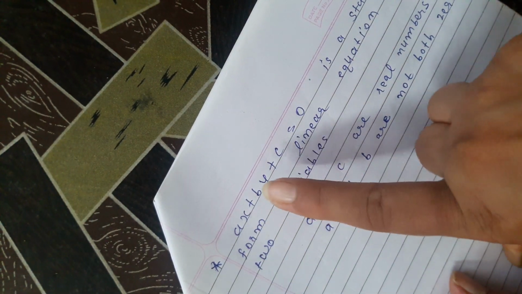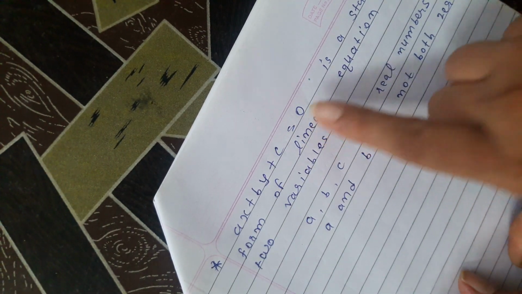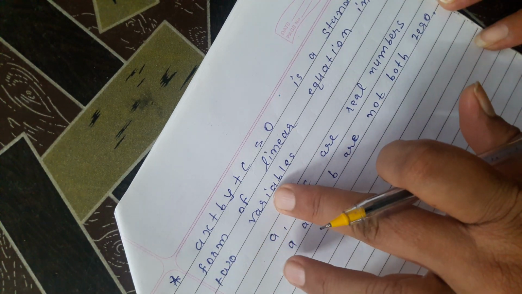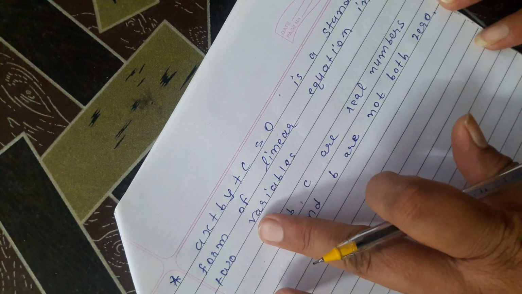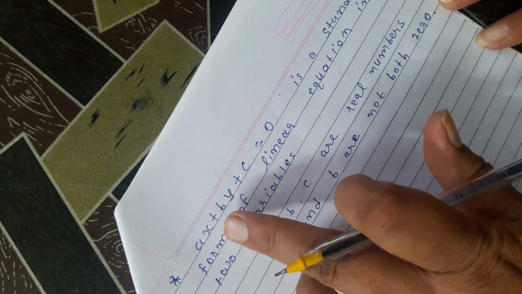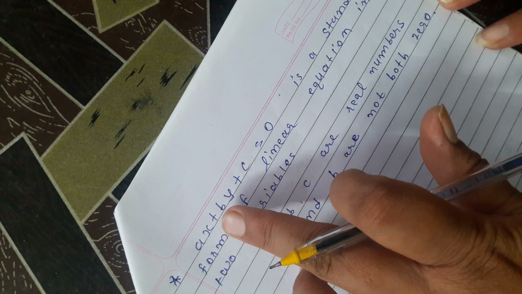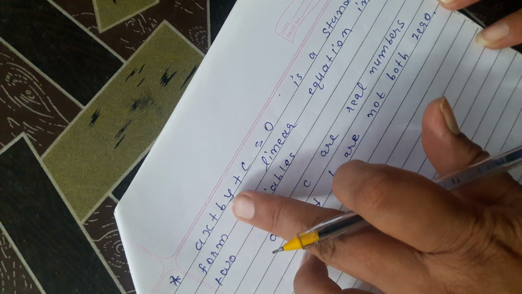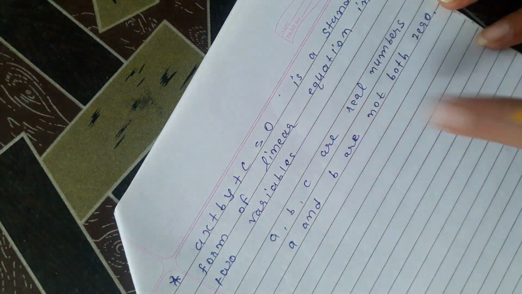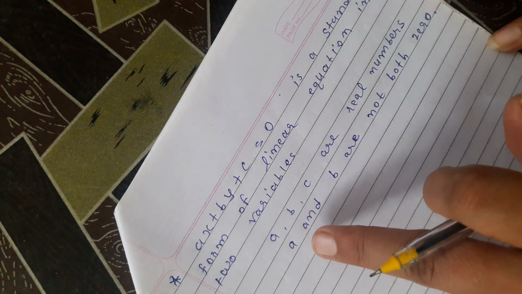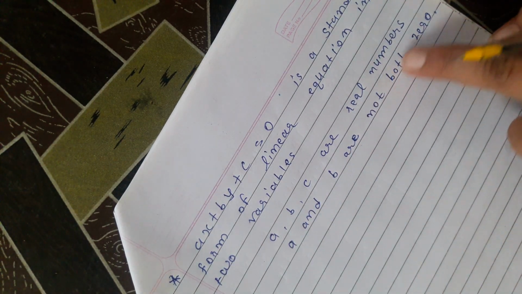Therefore, the standard form of linear equation in two variables is ax plus by plus c equal to 0, where a, b, c are real numbers and a and b are not both 0.